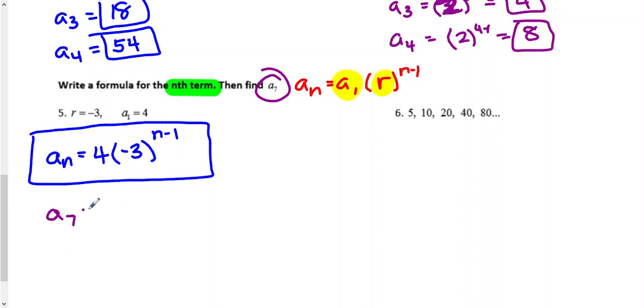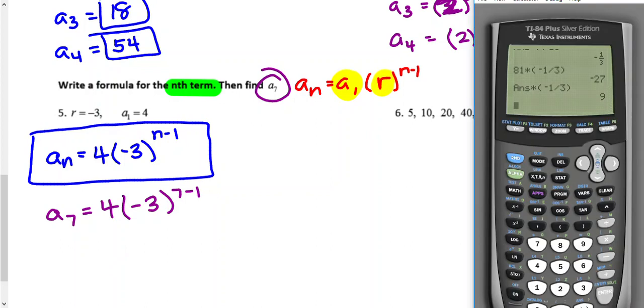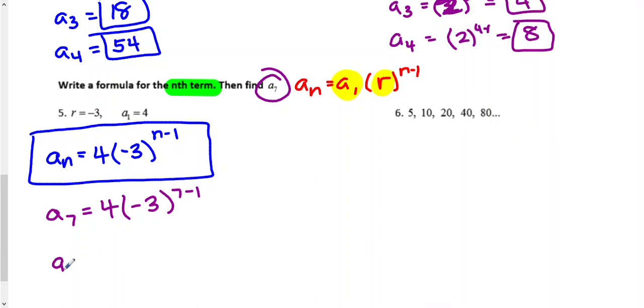So a sub 7 equals 4 times negative 3 to the 7 minus 1. Then from here, we can go to our calculator. 4 parentheses negative 3 to the 7 minus 1. 2,916. So a sub 7 equals 2,916.